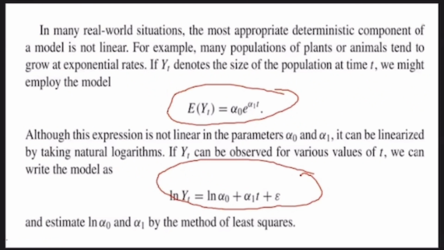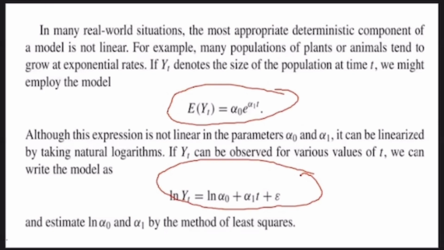It means the response variable, the dependent variable, is being logged. The intercept is being logged. And of course, we added the error. We can use the idea of a linear model, even though it's a non-linear model, because after taking a logarithmic transformation, it becomes linear.